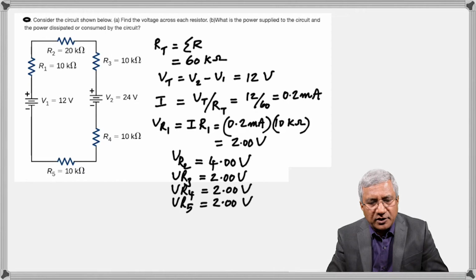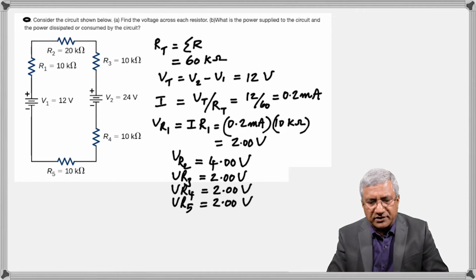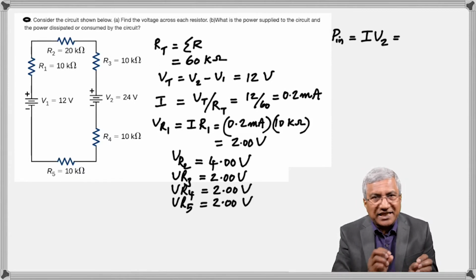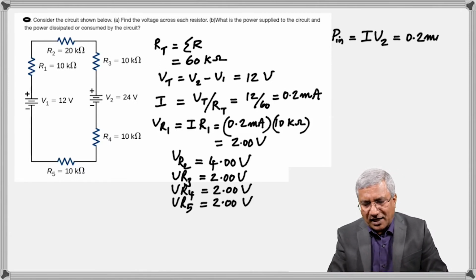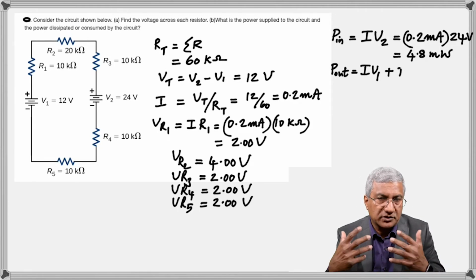And then we are asked to find the power dissipated or consumed by the circuit. Power used by the circuit. So the power coming in is I times V2, which is 24 times 0.2, and you get 4.8 milliwatts. That is the power coming in, because it's the 24-volt battery that's actually doing the work.